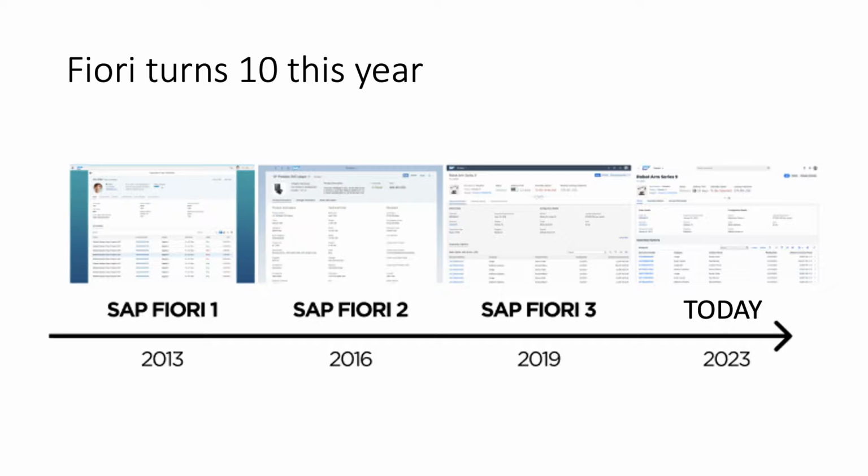That was the business case in the beginning, and that's where SAP Fiori started. Then Hasso Plattner decided, well, this is nice, I want to have this user interface for all of our ERP system.